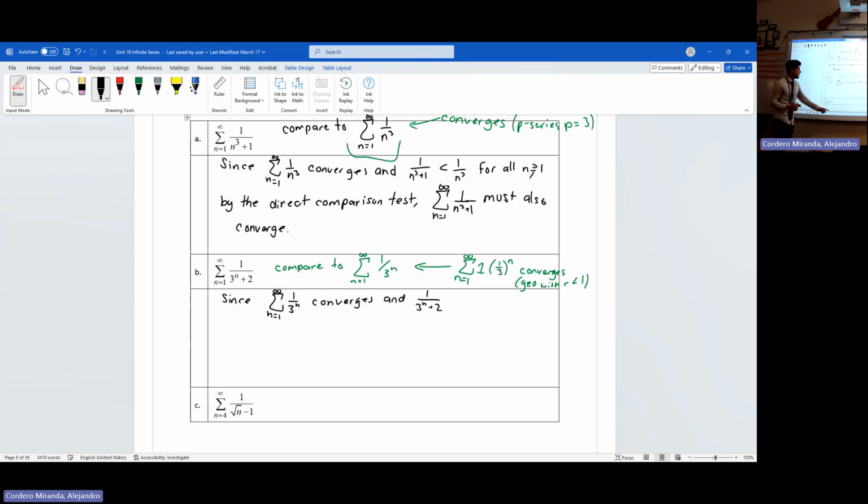It's the same idea. I'm getting a bigger bottom on the original sum than on the one I'm comparing it to. Therefore, the fraction overall is smaller. So therefore, all of these are smaller than all of these that I just wrote for all n bigger than or equal to 1.